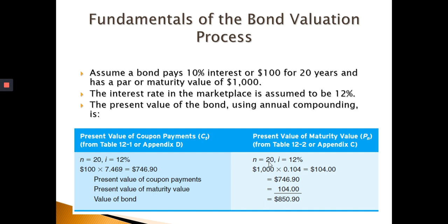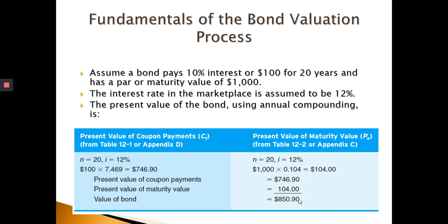and then you have 1,000, N equals 20, I equals 12%, use the present value table, then you can get 104. So class, you have the present value annuity of coupon and the present value of par value.